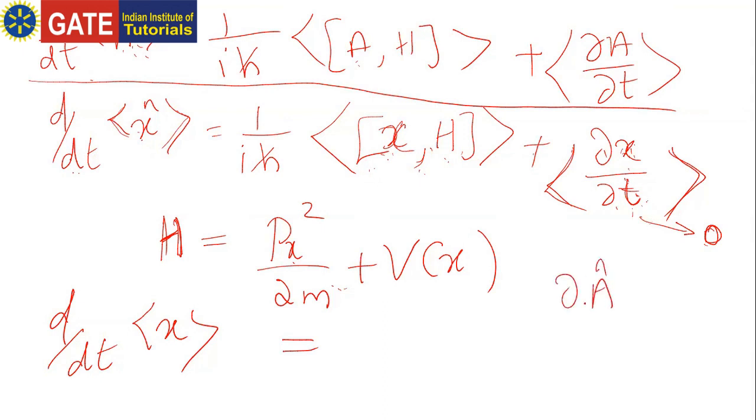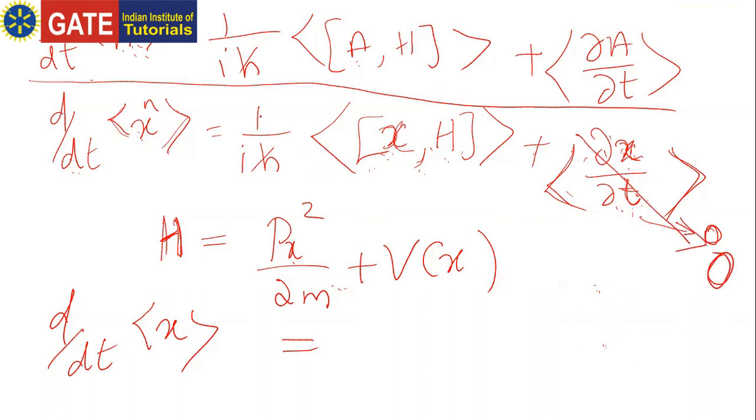∂A/∂t equal to 0, that is, this function A does not depend on time explicitly. Here also x is an operator, therefore the expectation value of this term we can consider as 0.